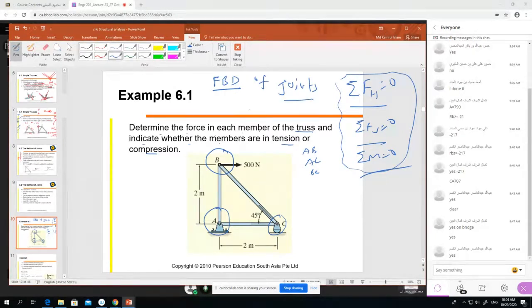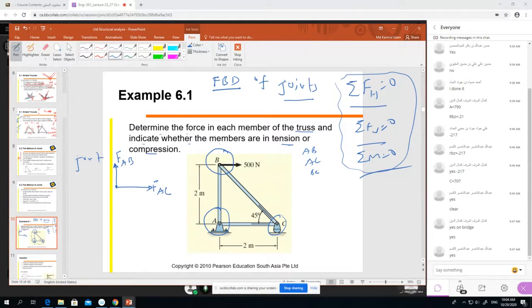If we use the joint method, we have to start with a joint. Suppose we start with the free body diagram of joint A. So at joint A, we give the name F_AC, and here is F_AB.